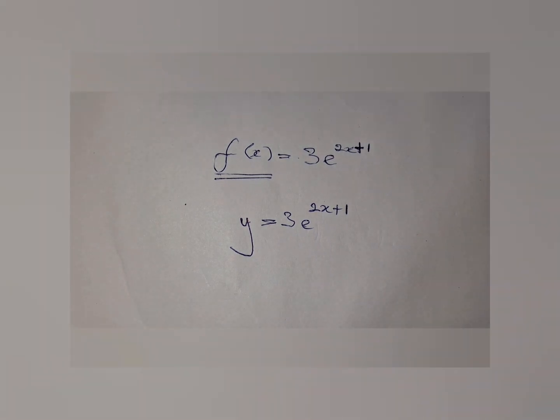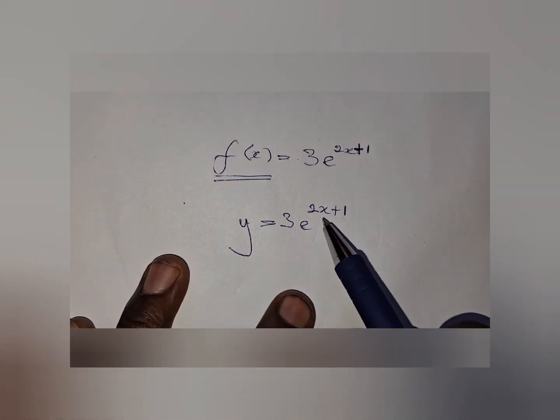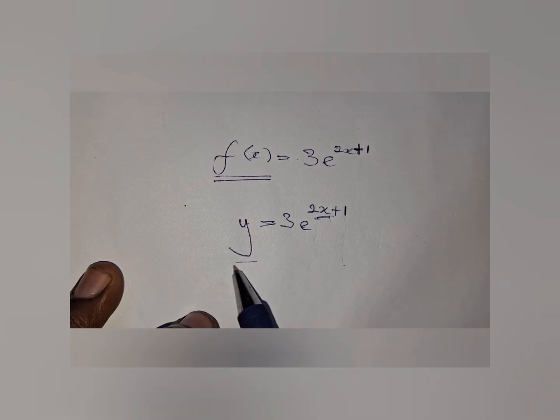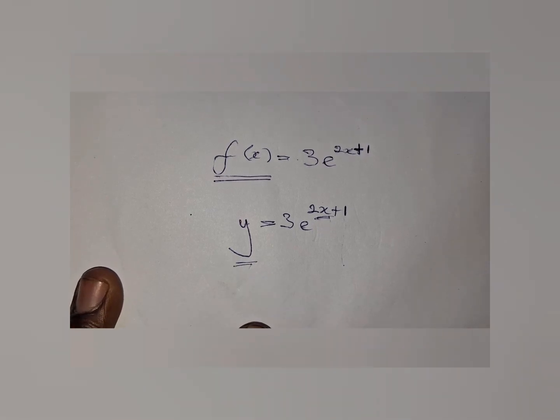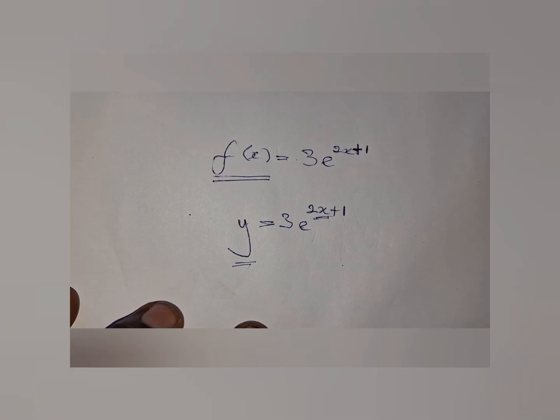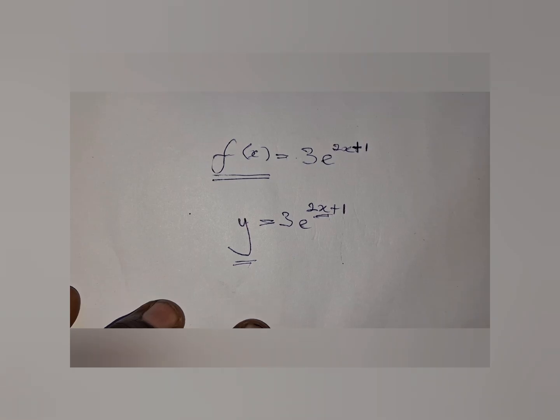Now, according to the law, for the function, the input is x and the output is y. But for the inverse, the output of the inverse takes the place of the input. Why?